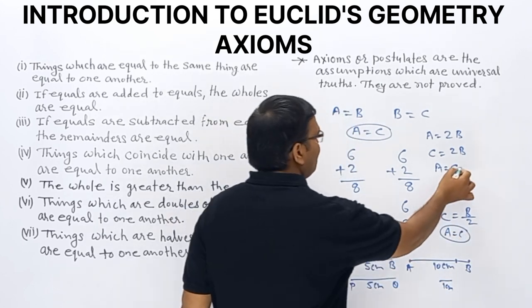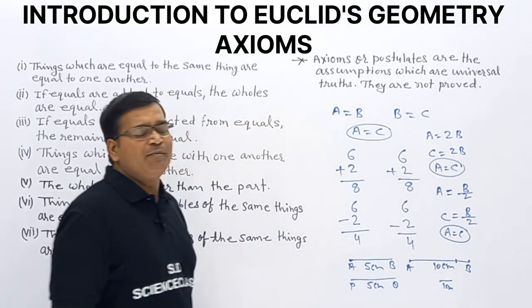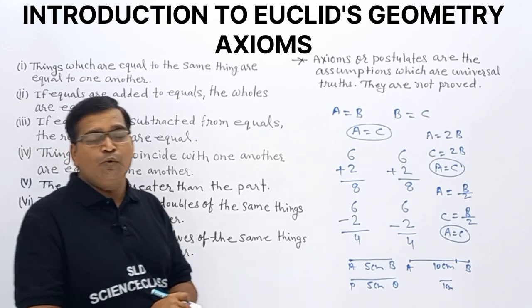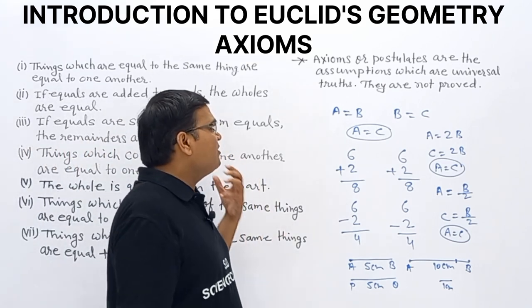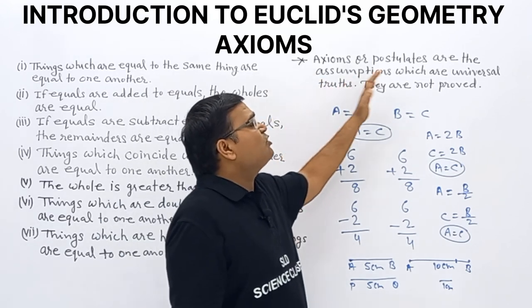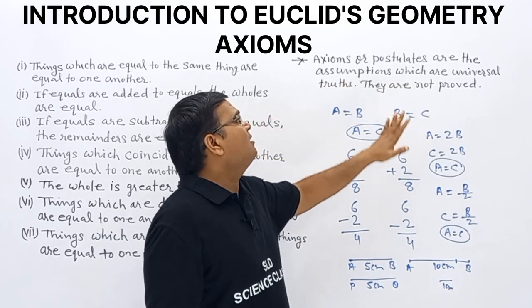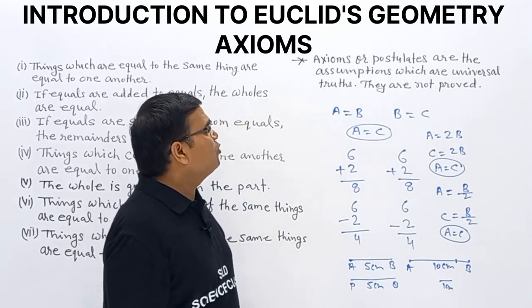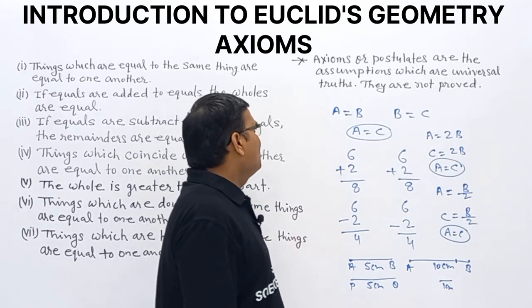Clear? Observe again, these are simple, not more difficult. Euclid's axioms, we are having 7 axioms, and they are assumptions which are universal truth and not proved. Clear? Universal truth statements.